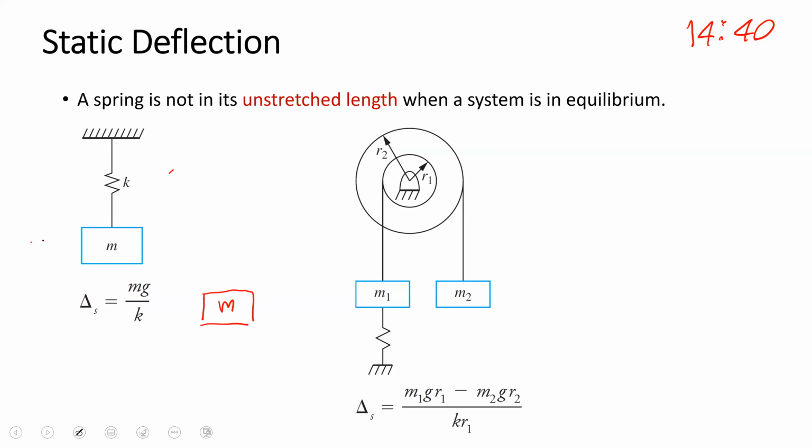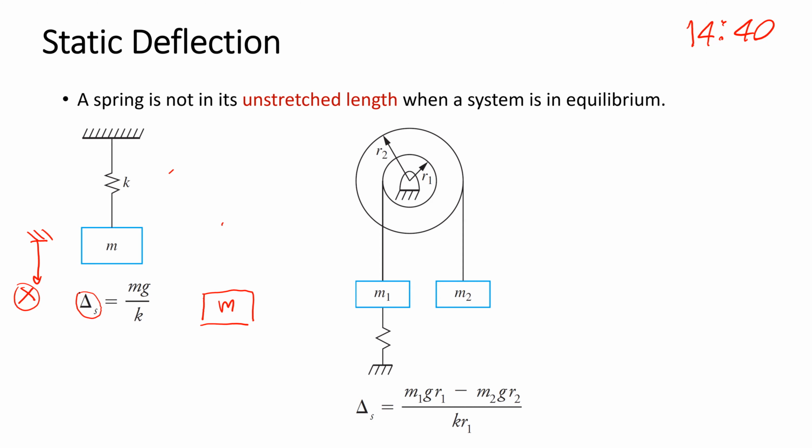If we define x to be positive in the downward direction, when it moves by x downward from the equilibrium, with the distance delta s, it means the static equilibrium.